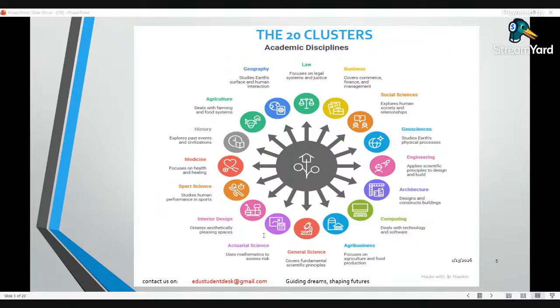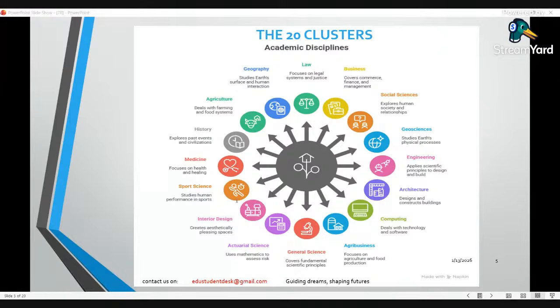Cluster 15 is agriculture and related, and note the difference between cluster 15 and cluster 8. Cluster 8 was about agribusiness. Cluster 16, it's geography and related. Again, a point to note is the difference between cluster 16 and cluster 4. Cluster 17, it's about French and German. These are foreign languages. Cluster 18, music.